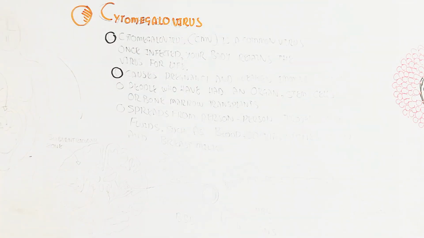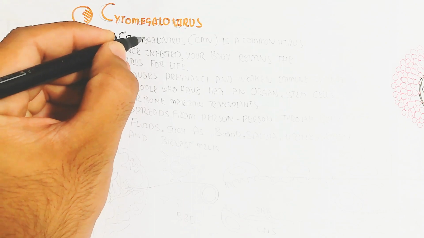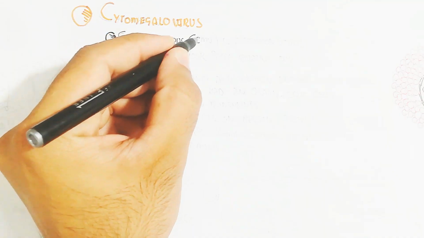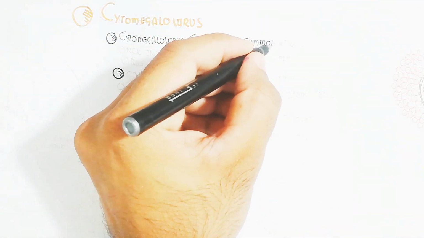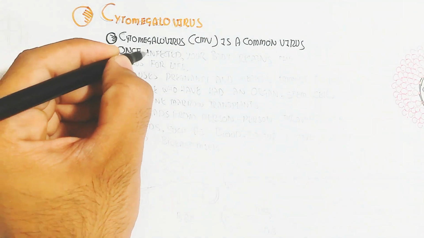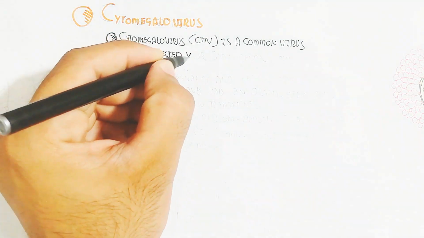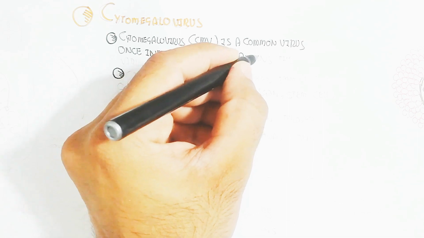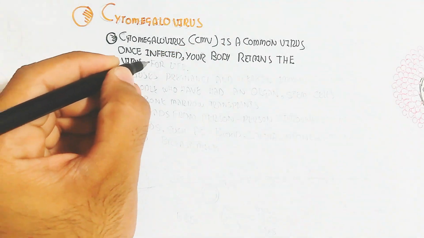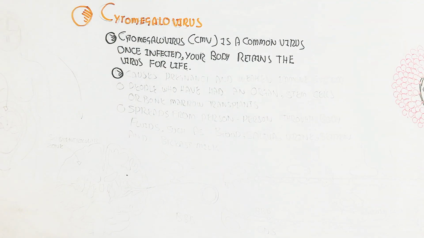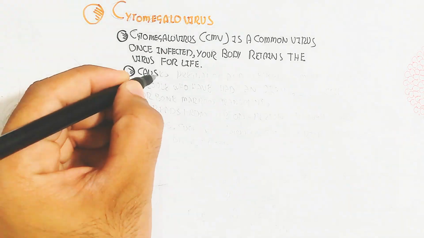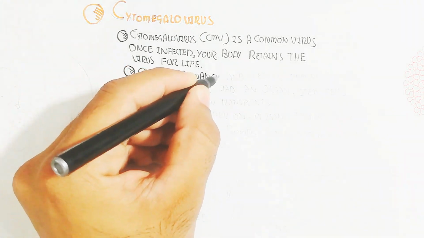Let's understand the way of infection and how it can progress. Remember, the cytomegalovirus, CMV, is a common virus. Once a person is infected, the body retains the virus for life. Pregnancy and a weakened immune system cause it to activate more.